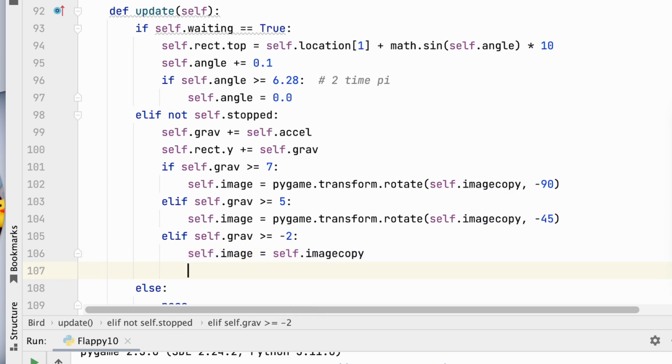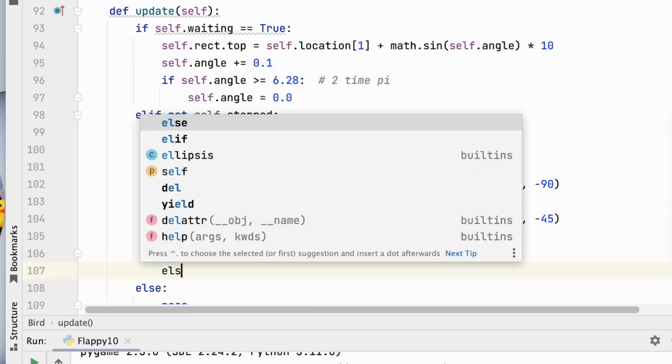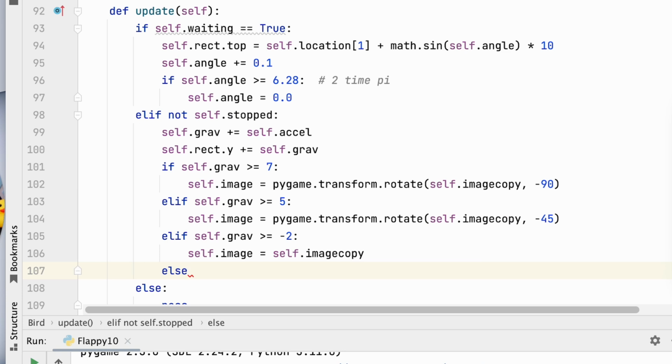We're just going to use that copy of the image. And then else, we're flapping up because we're less than minus 2, meaning we are at minus 3, minus 4, meaning the bird is moving up.